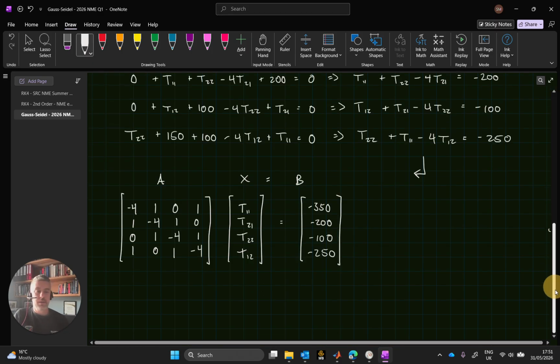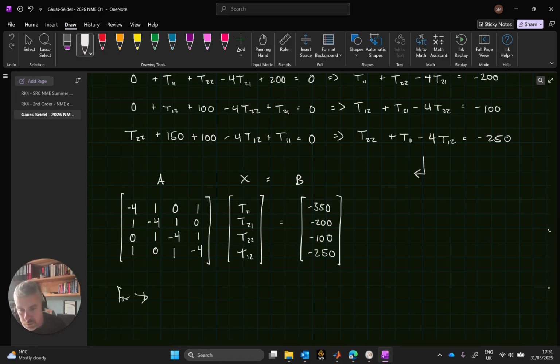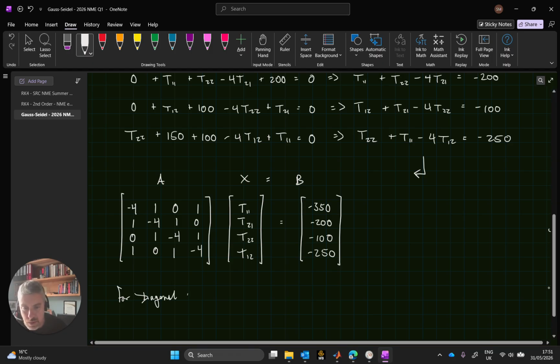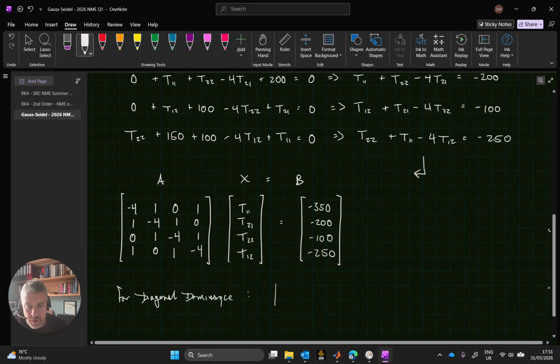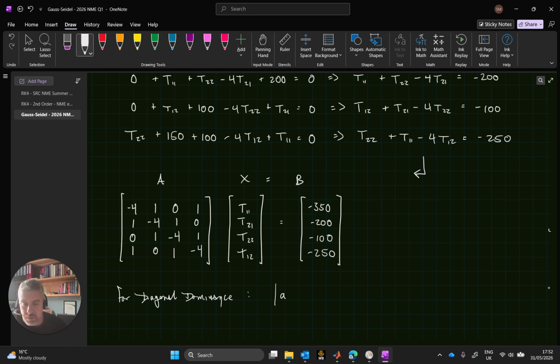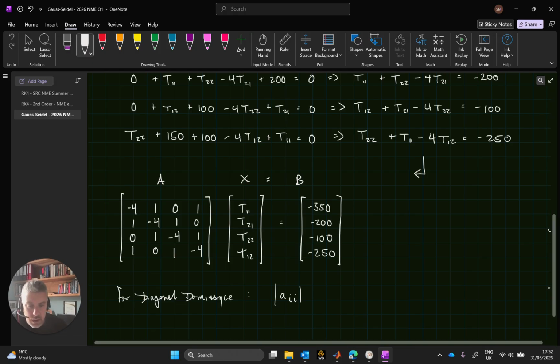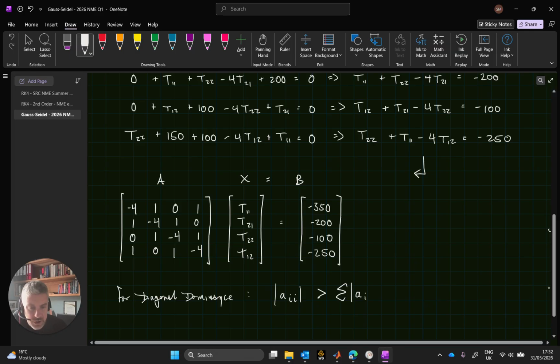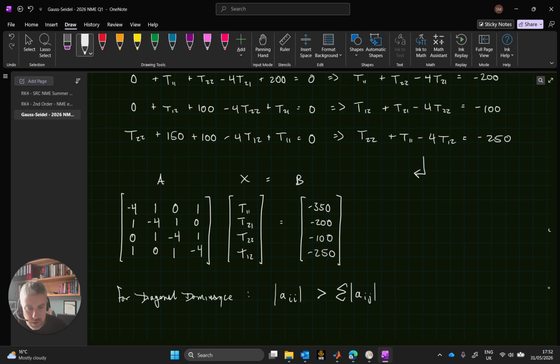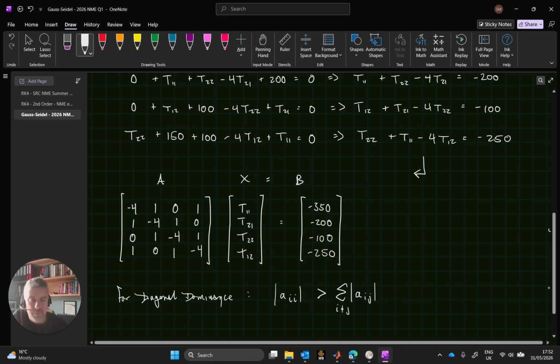Okay, so for diagonal dominance, we need to say there that the magnitude of the element of the coefficient matrix, call it A, where I is equal to J, so 1,1, 2,2, 3,3, 4,4, has to be greater than the sum of the elements IJ, where I does not equal J, right?